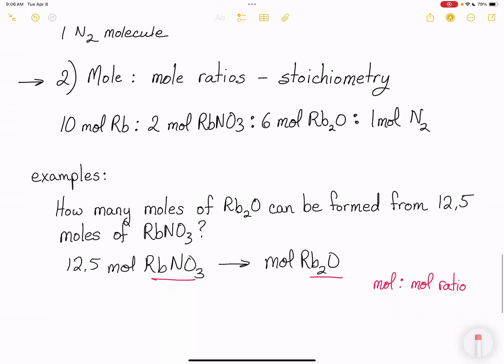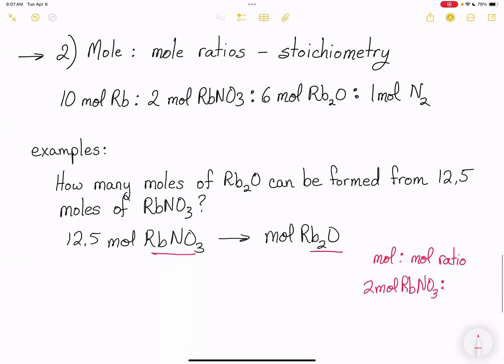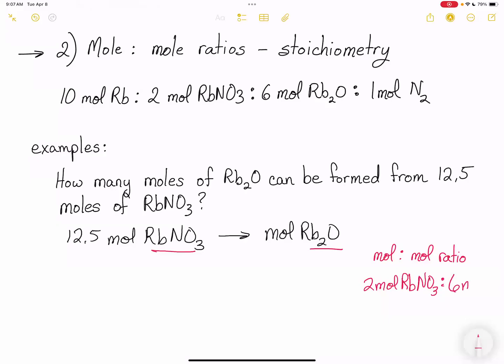So we know that, excuse me, in the balanced chemical equation, we know that 2 moles of rubidium nitrate is in a ratio with 6 moles of rubidium oxide.